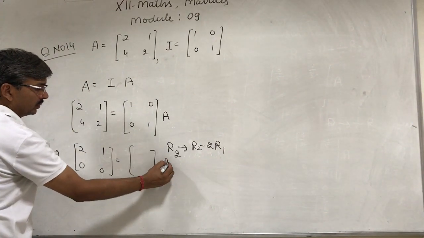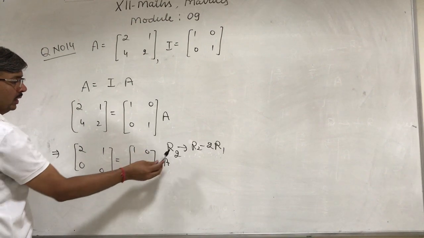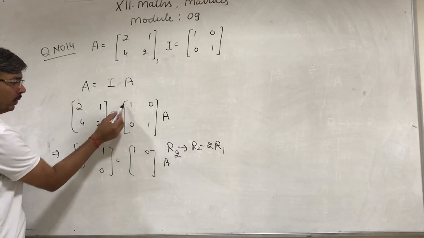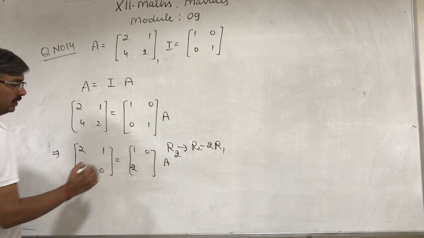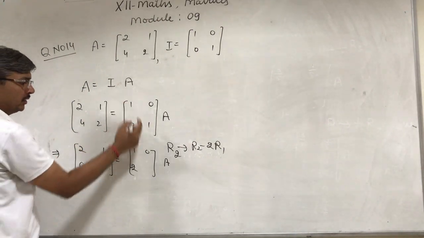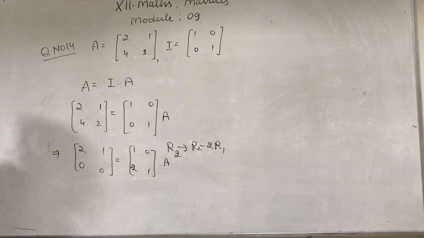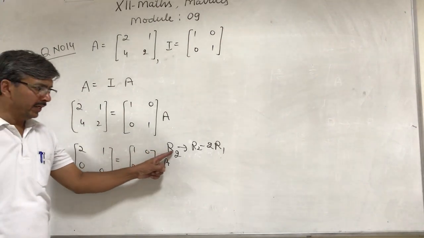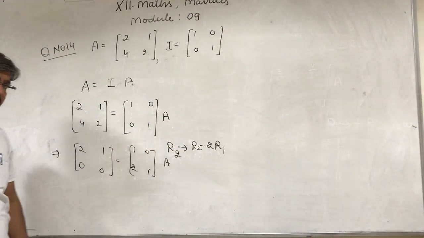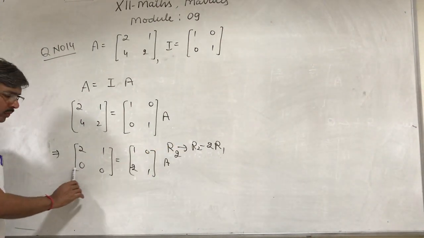Here also [1, 0]; R2 minus 2R1: 0 minus 2, minus 2, and 1 minus 0, 1. Now after applying one operation, we got R2 as 0.